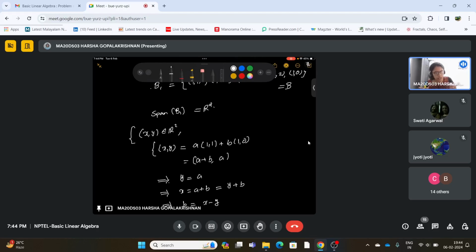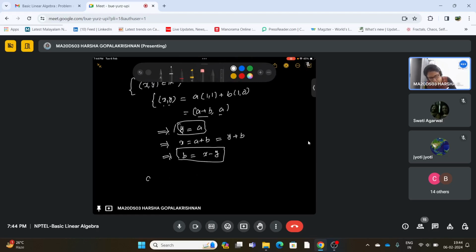From here we are equating x equal to a + b and y equal to a. So a equals y, this is our one condition, and from this we get b equals x minus y. Now a(1,1) + b(1,0) equals y(1,1) + (x minus y)(1,0). What is this? (y + x minus y, y + 0), which is (x, y).